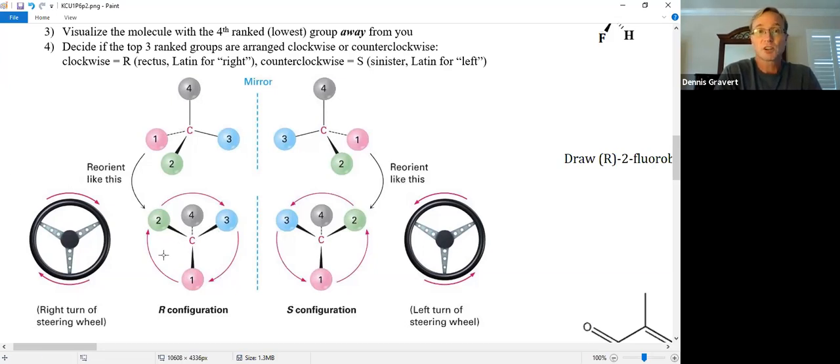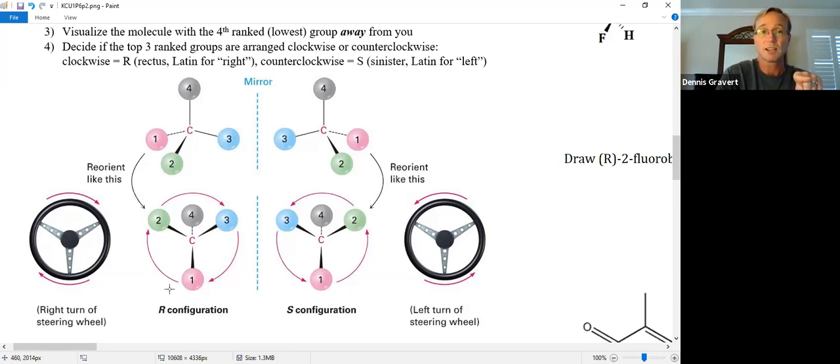Once you're looking at this structure in the bottom left, the fourth group is away. Now you ignore it. And you say, where are groups 1, 2, and 3? Well, group 1 is on the bottom. Group 2 is on the top left. Group 3 is on the top right. And so the arrangement is 1 to 2 to 3.